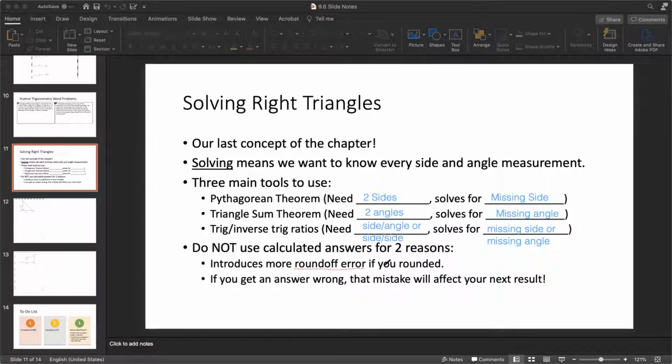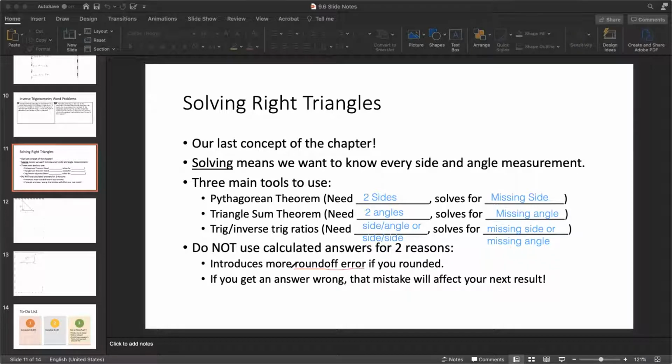Round off error is what happens when we round an answer. It's just that simple. We introduce a little bit of discrepancy. If you use an answer that you rounded again, then before the calculation even starts, you have a little bit of error in your result. And we don't like that. So we want to avoid that whenever possible.